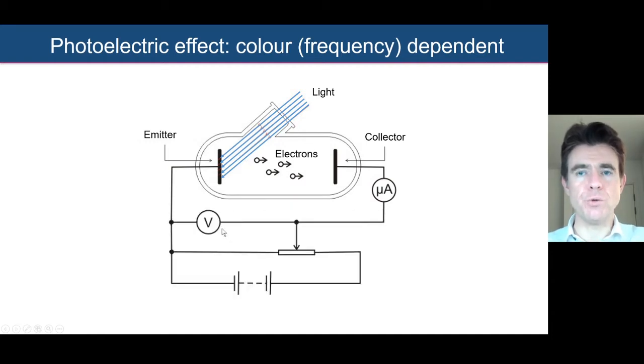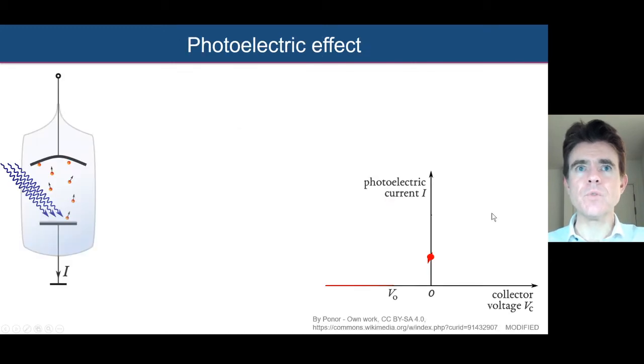And of course you can always hook up a potential difference between these electrodes, and that can either encourage or discourage those photoelectrons making it across that gap. And normally this would be a vacuum in here as well, to provide assistance for those electrons making it to the collector.